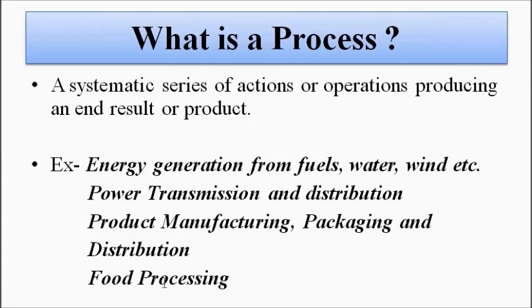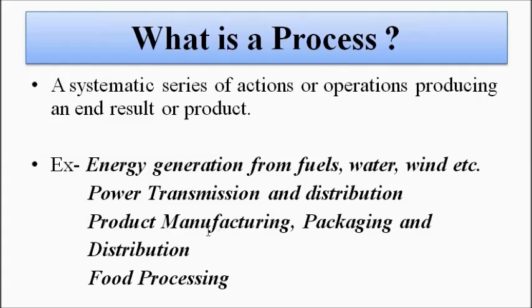So a lot of mechanized food processing industries are there, which produce various processed foods. So the raw materials form the input, and the final output, which is the packaged food or drink, the beverage, juices or anything, that is the end result. So these are some of the basic examples of process.